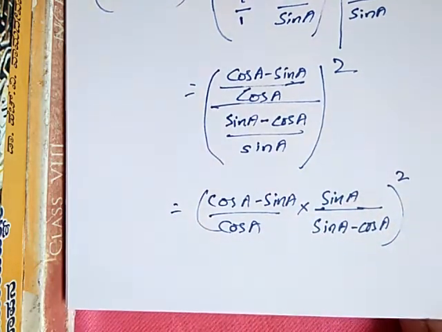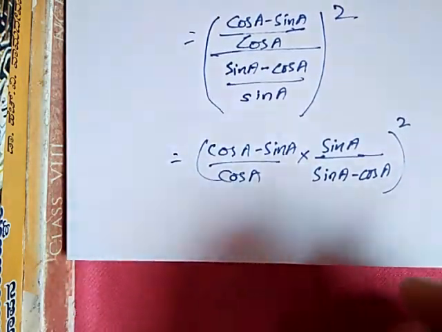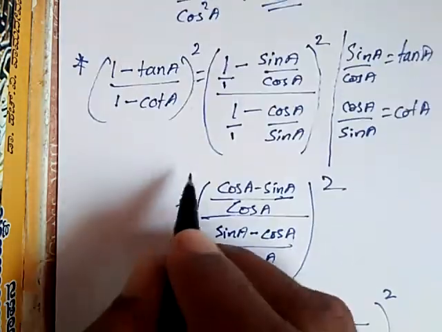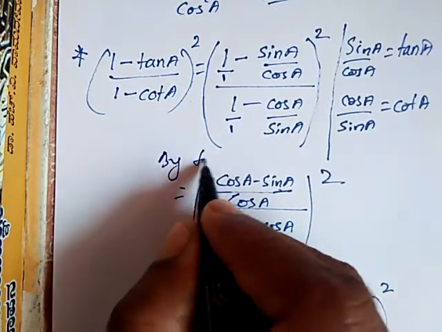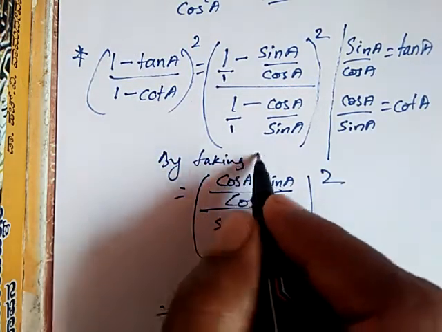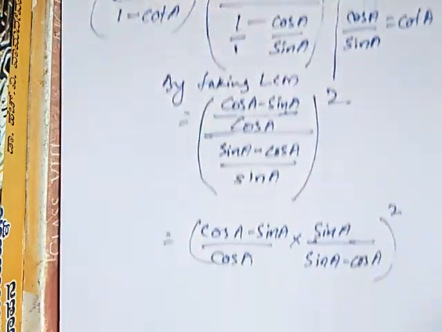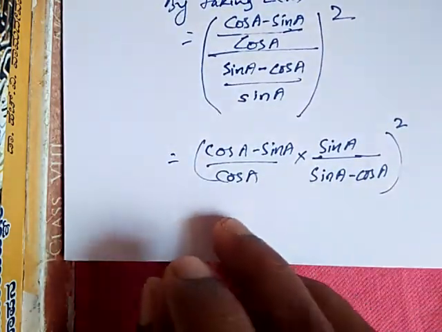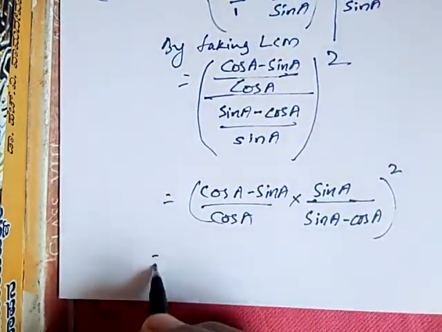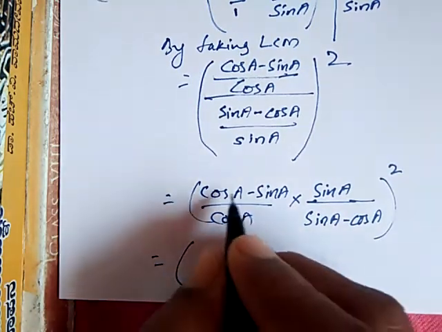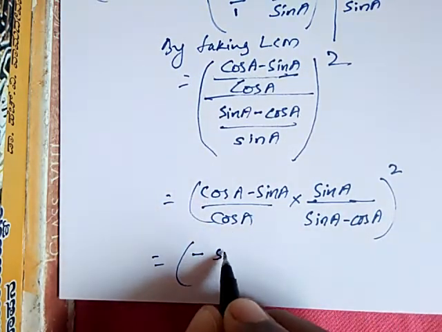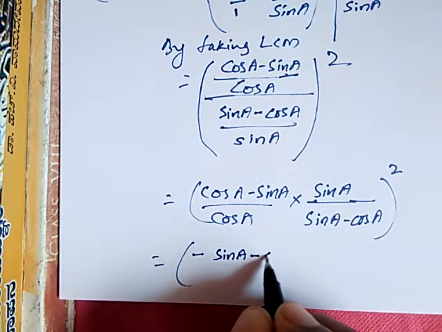In the next step, by taking the LCM, this is equal to, if you take minus common here, it will be sin a minus cos a.